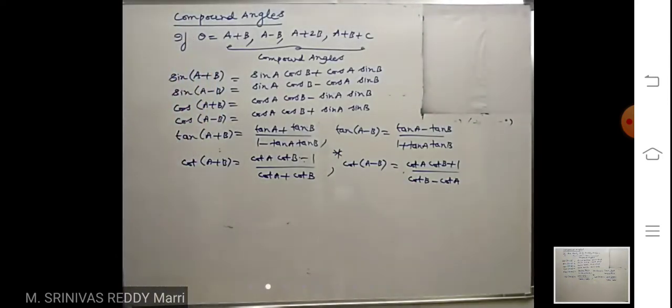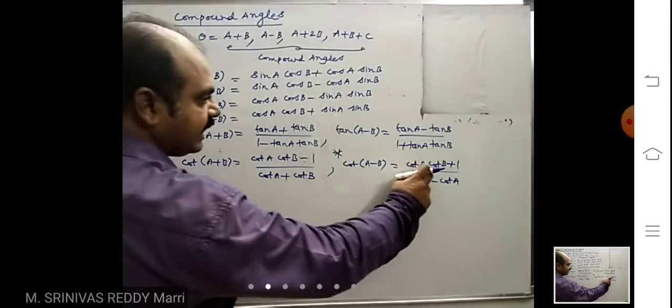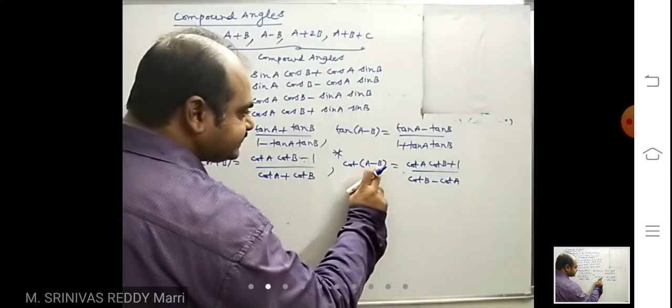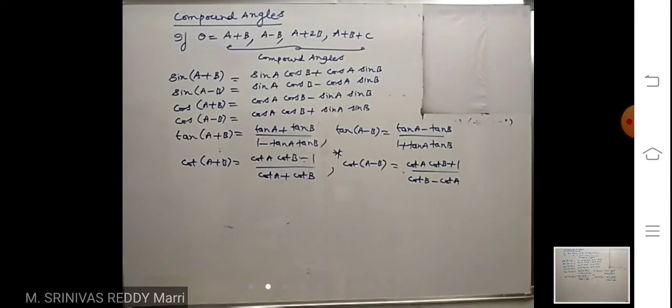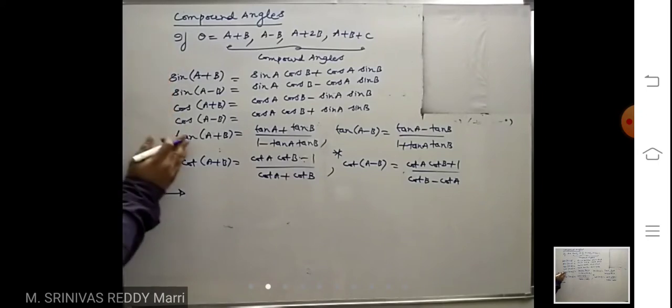While writing the cot formula, it is cot A cot B plus 1 divided by second angle cot minus first angle cot. This is cot of A minus B. So these are the A plus B, A minus B rules for sine, cos, tan, cot.